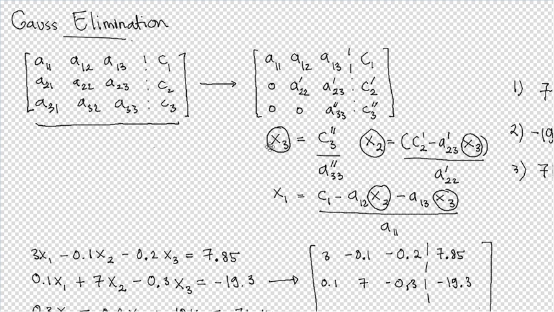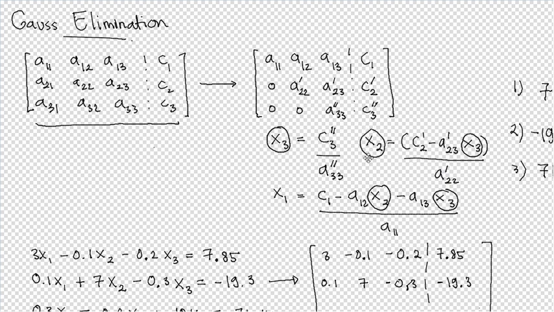After you have x3, then you can find x2. You cannot directly find x1, you have to find x2 first, which you can find by calculating C2 minus a23 multiplied by the x3 that we calculated before, and then divide by a prime 22.